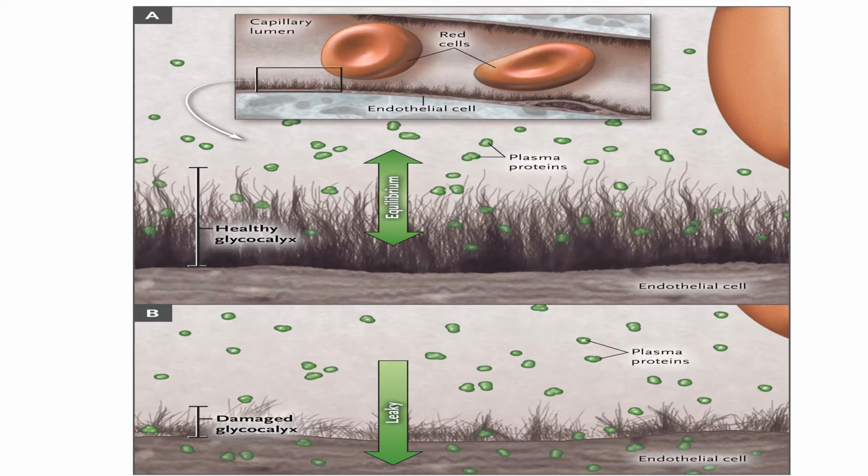It is composed of a lot of molecules which have carbohydrate as their backbone, like glycosaminoglycans and proteoglycans, and this glycocalyx is very important in determining the permeability of the semi-permeable capillary membrane. And in sepsis, in SIRS and in other conditions, it gets damaged, as you can see in the bottom picture, and leads to a lot of leakage of fluid. That is why in sepsis there is so much leakage of fluid from the capillaries, that is the intravascular space, to the extravascular space.